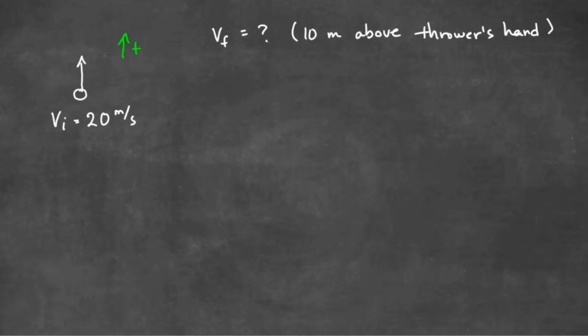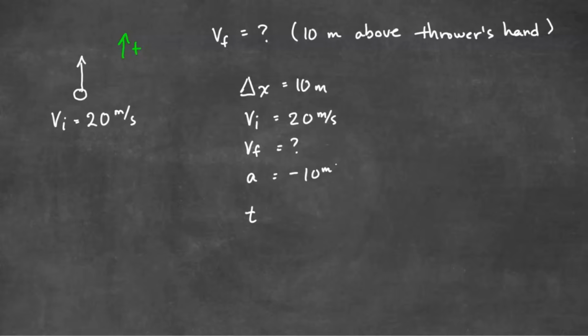So we're going to start with our variables chart: delta x, vi, vf, a, and t. The displacement delta x is 10 meters, vi is 20 meters per second. The final velocity is what we're looking for, so I'm going to put a question mark. The acceleration is -10 meters per second squared because I made up positive, and so the acceleration is downward, so it's going to be a negative number.